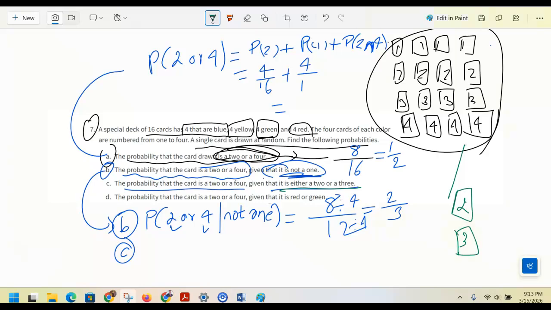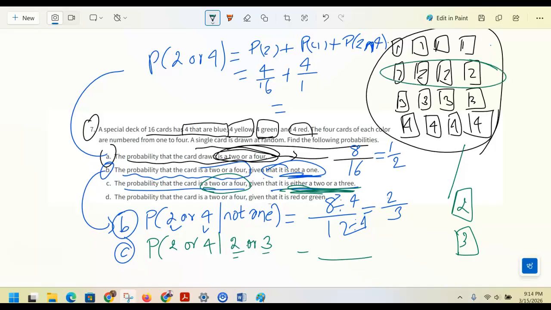So the probability that you're going to get 2 or 4, given that it is already told it is either 2 or 3. How many cards are 2 or 3? 2 is this and 3 is this, so there are 8. And how many among these are 2 or 4? The 2 is what is there inside, and there are 4 of them. So 4 out of 8, and you get half.